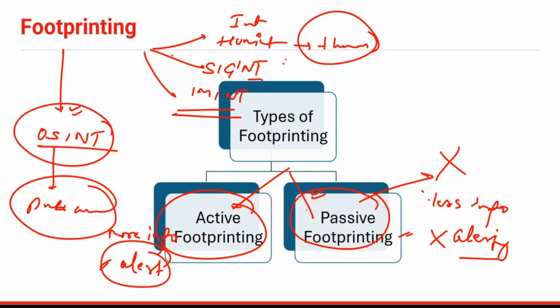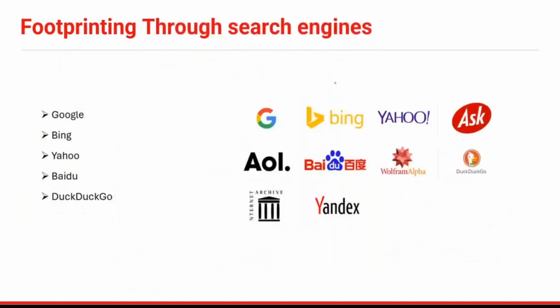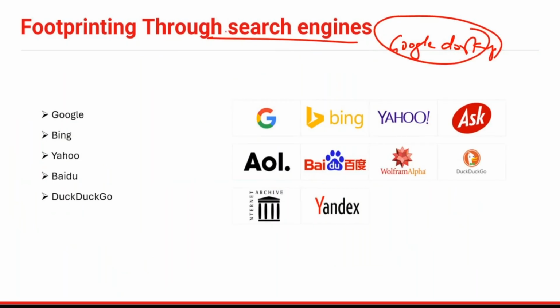Now we'll be discussing it from the exam point of view. The particular questions that can come in passive footprinting are through Google dorking. That is footprinting through search engines. If we want to gather information about a target, we can use search engines like Google, Bing, Yahoo, Baidu, DuckDuckGo. And one way of using Google is through Google dorking.